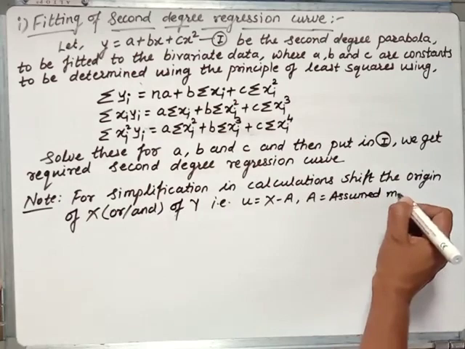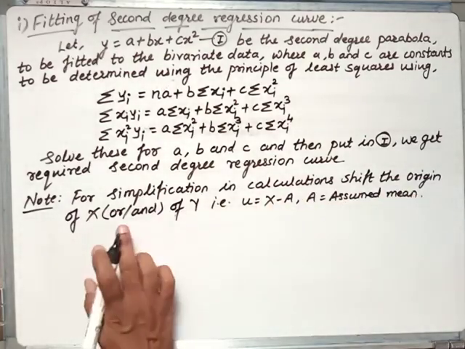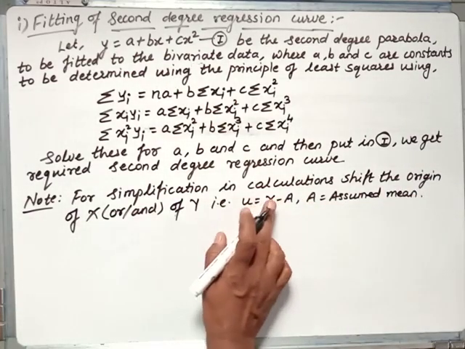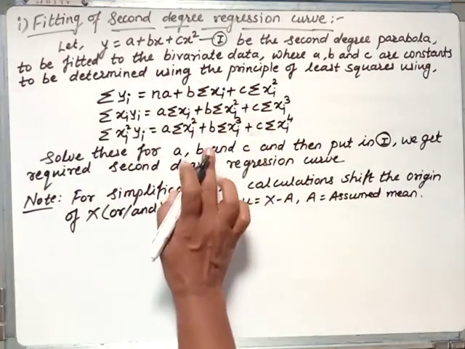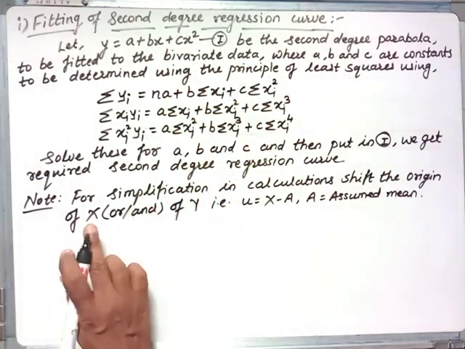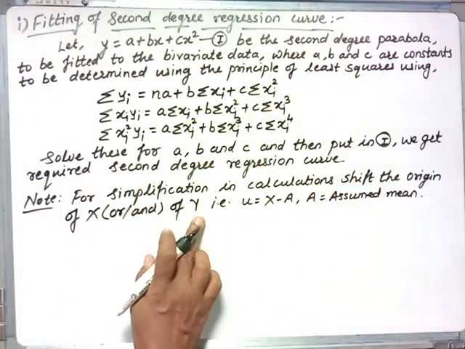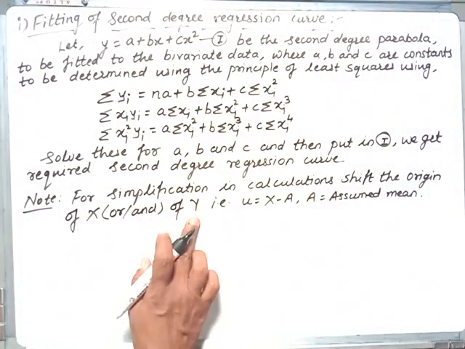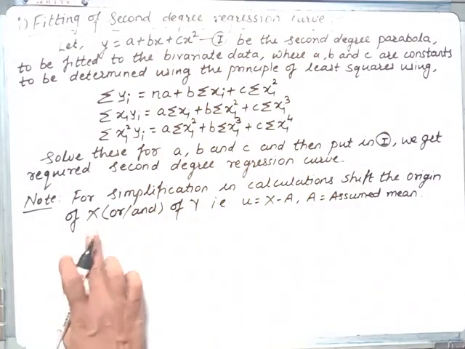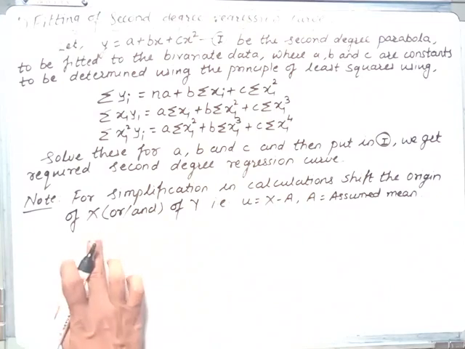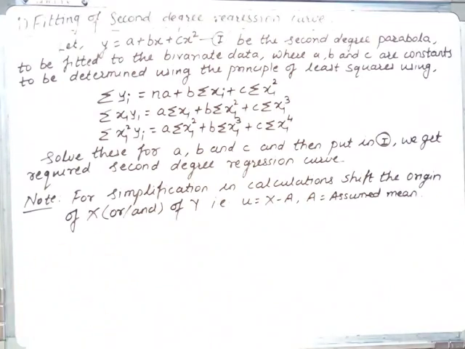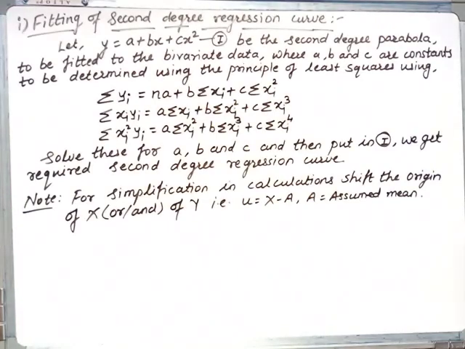This gives us simple values for calculation, so that these equations can be easily simplified. If required, we can deviate both the variables, or we can use any one of them. Okay, so let's take an example on it.